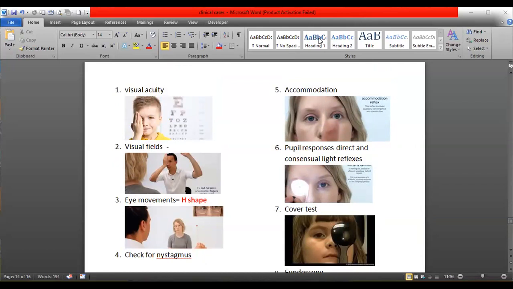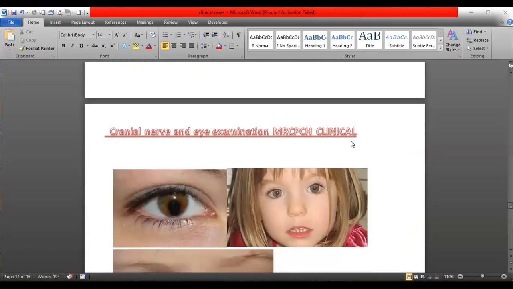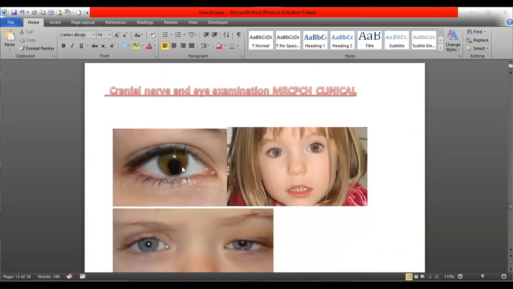So now we'll see some findings. Just you can have a look. Here in the first picture, what is that called? Coloboma. Right.